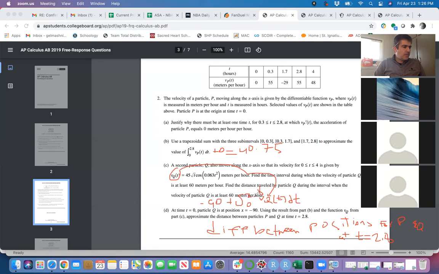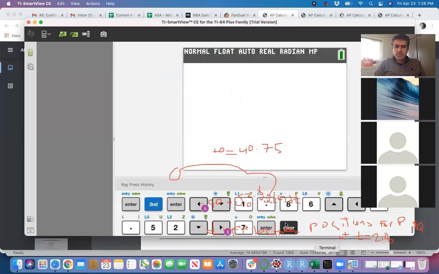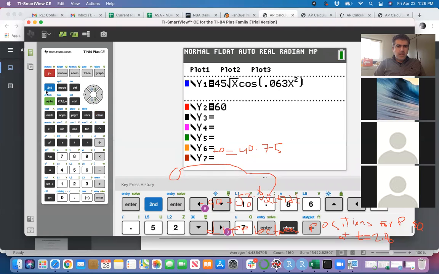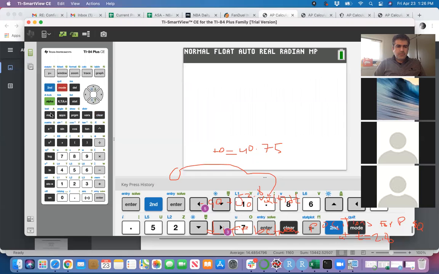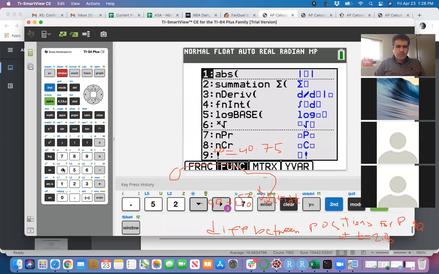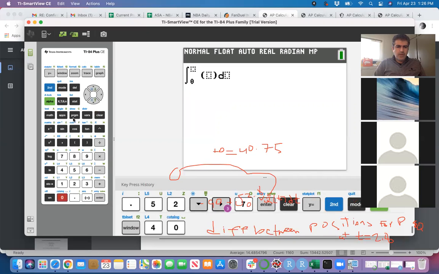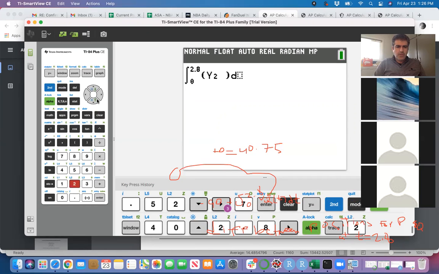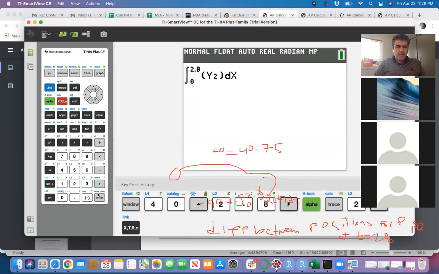Okay. So that's where I have to use a calculator. So, alpha window, option 4, 0, 2.8, alpha trace, option 2, dx.